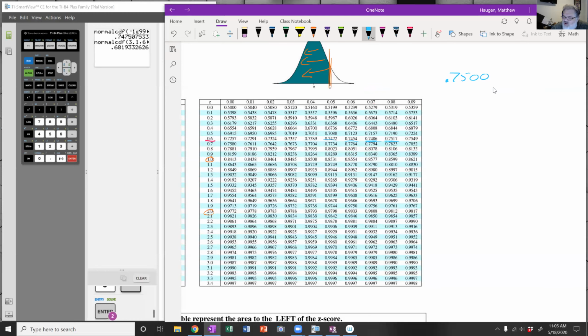So it's going to be one of those two. And we just want to pick the one that's closest to get as good an approximation as we can. So 7486 is less by 14. 7517 is more by 17 than what we want. So the 7486 is closer.